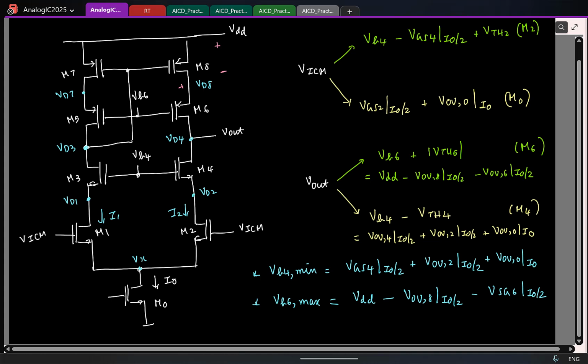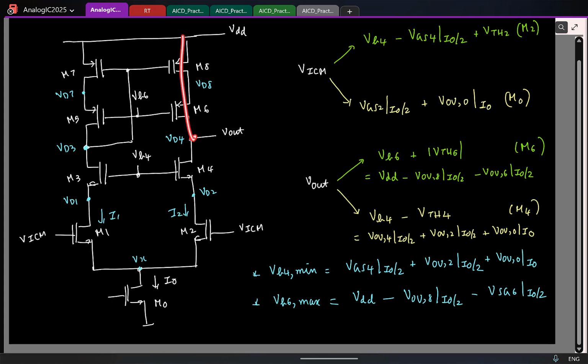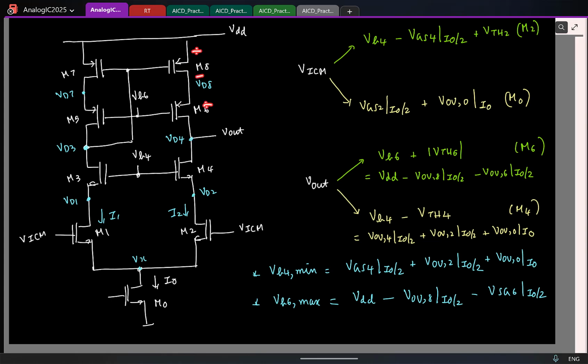So again, you can also guess this by looking at the circuit. Ideally, I want my Vout to reach VDD, but of course now I can't do it because I have to maintain two source to drain voltages, and those are basically the two overdrive voltages. But once again, the point to have in mind is, when can Vout reach this maximum value? If I use the maximum value for VB6, correct?